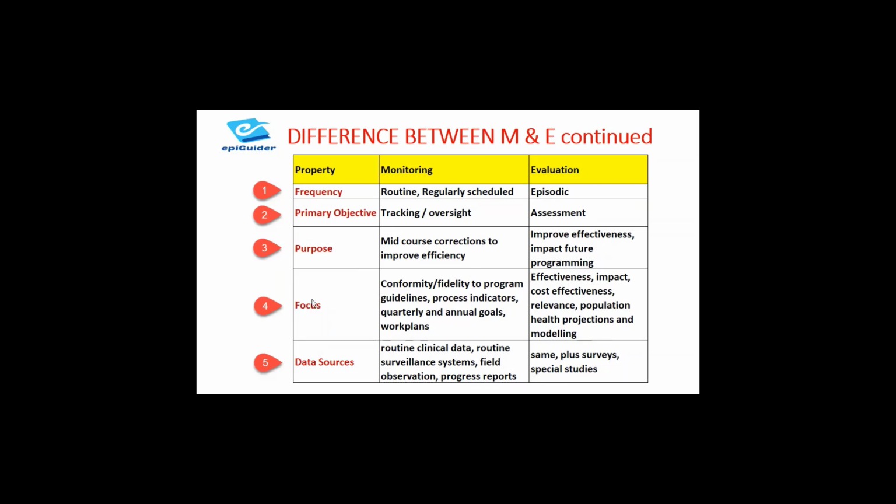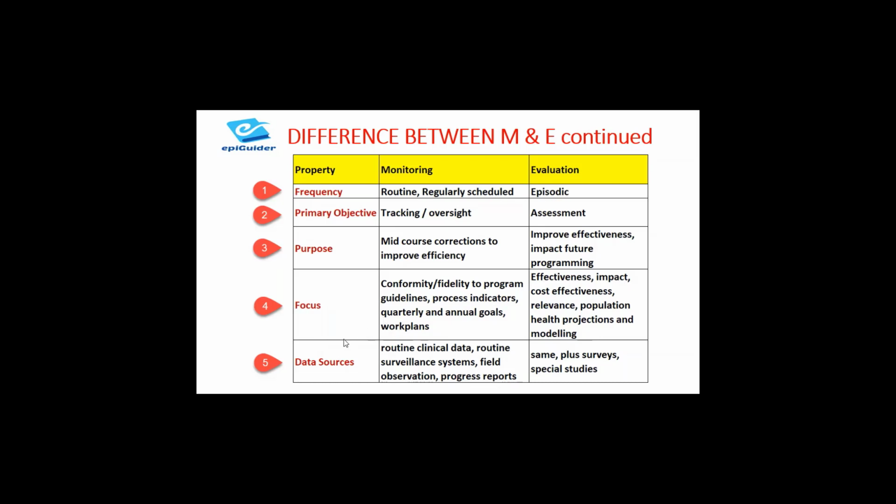The focus on monitoring is to look at the conformity or the fidelity to our program guidelines, process indicators, quarterly and our annual goals, as well as our work plans. While that for evaluation is to look at the effectiveness of our programs, the impact, the cost effectiveness, the relevance, the population health projections, as well as modeling.